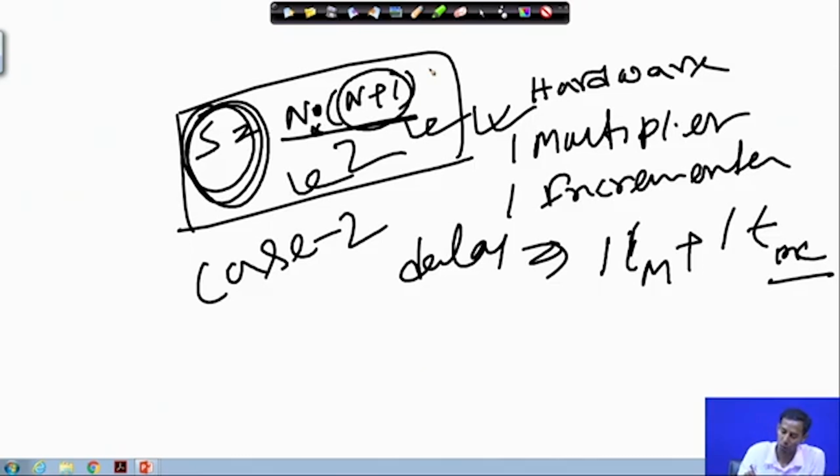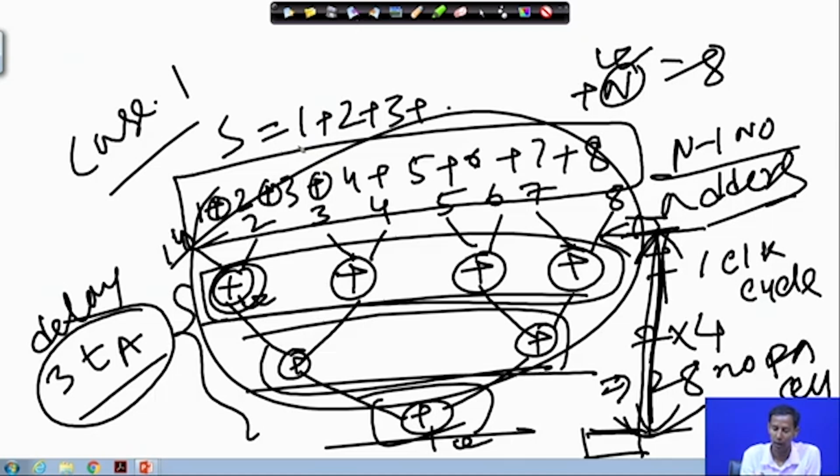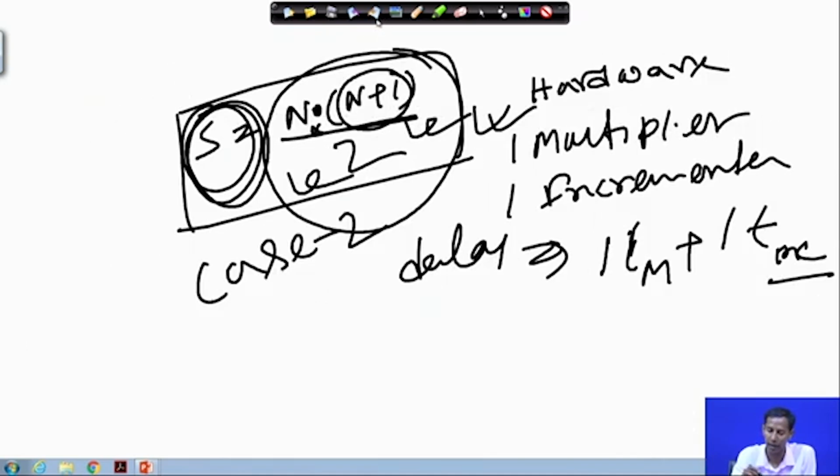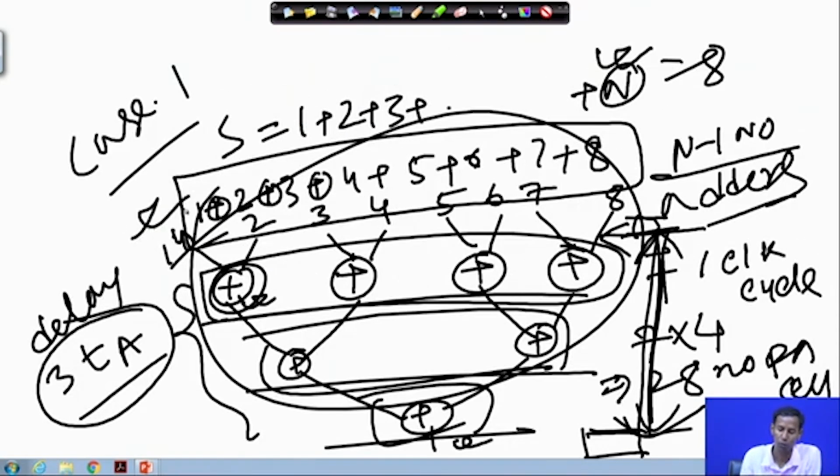If you just see 1 plus 2 plus 3 up to n, using this fashion I can do it, and here also n times (n plus 1) by 2 I can implement. Where will I use this particular circuit?